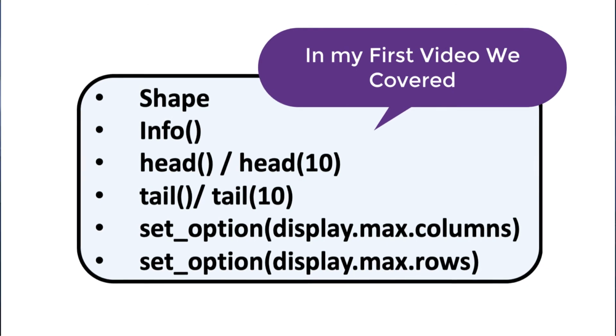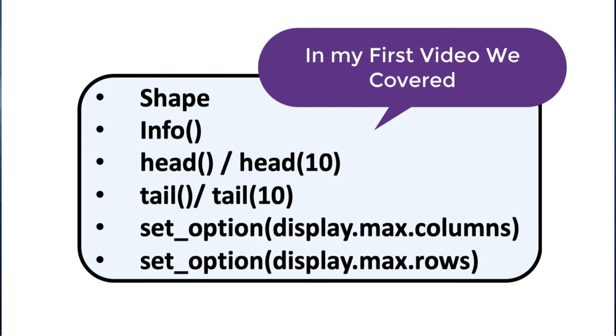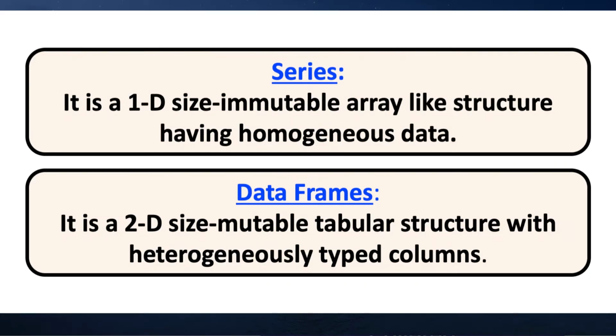Now, as we discussed in my first session, Pandas provides two important data structures: one is the data frame and another one is the series. Because of that, it can perform data manipulation functions in a faster and easier way, right?